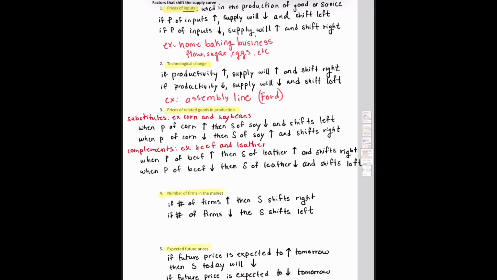Supply of soybeans will increase and shift to the right. Soybeans in this case, when the price of corn changes, may be relatively more expensive or less expensive than corn. And so the soybean market will be affected by the prices in the corn market.